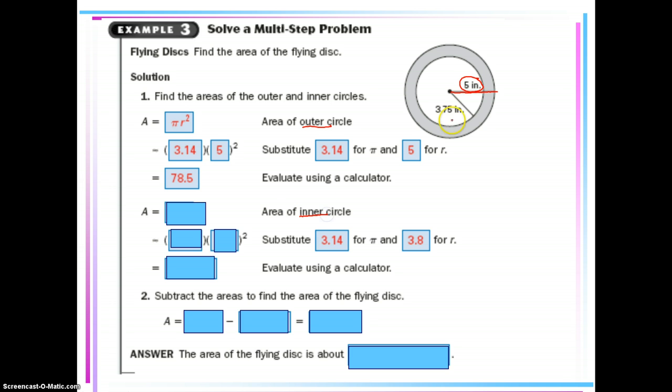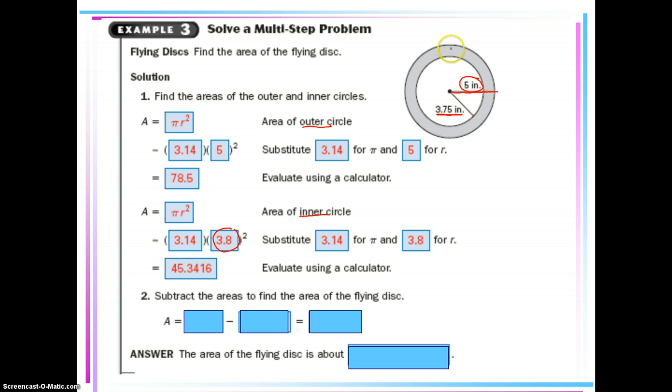Let's find the inner circle. This is the inner circle's radius. You can see the line only stops at the white circle. Square the radius, and they did round. It's up to you if you want to round or not. You're always going to have an approximate answer. 3.8 or 3.75 squared times pi is about 45.3416.